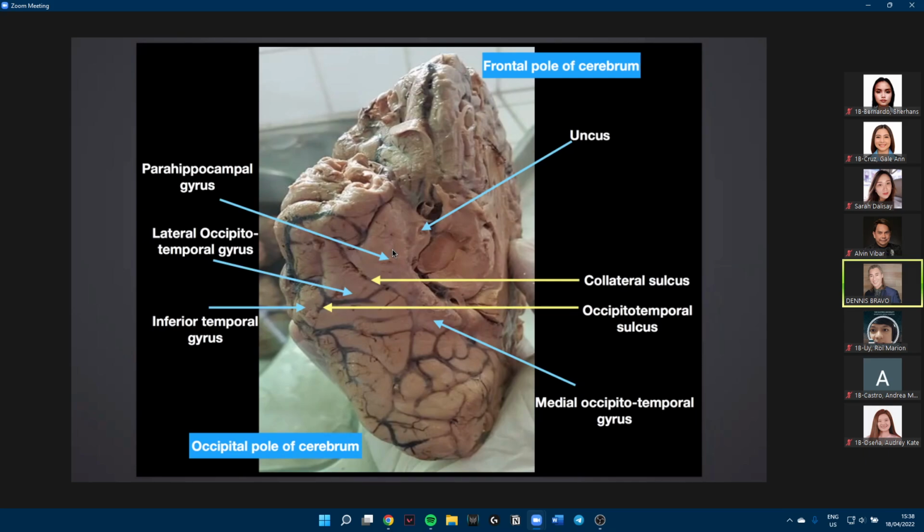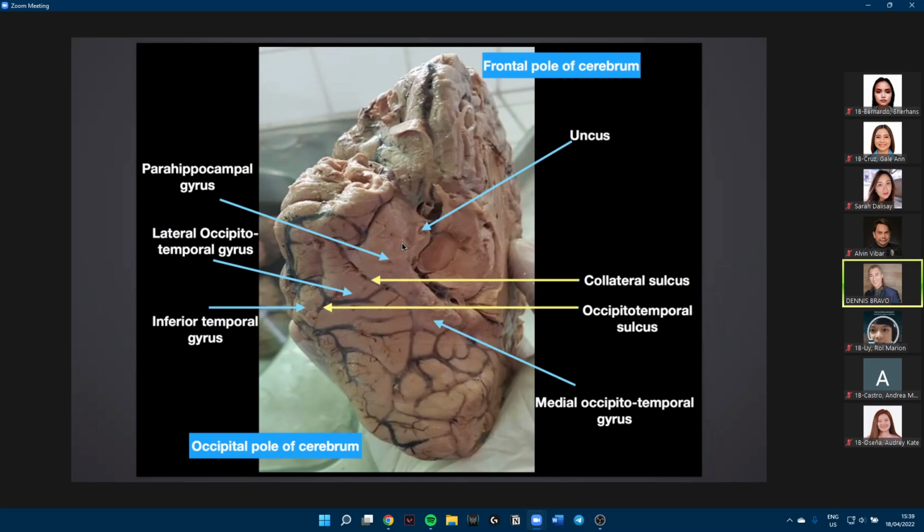Bounded laterally by a narrow groove, we call it the collateral sulcus. And lateral to the collateral sulcus is the lateral occipito-temporal gyrus. Okay, and then we have here the occipito-temporal sulcus, and in between you would find the lateral occipito-temporal gyrus.